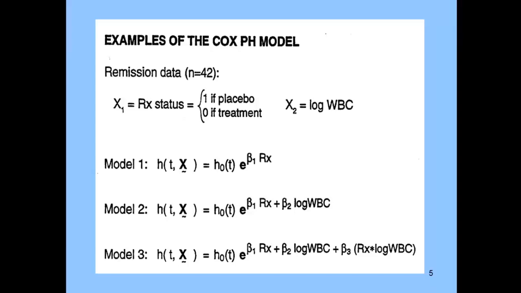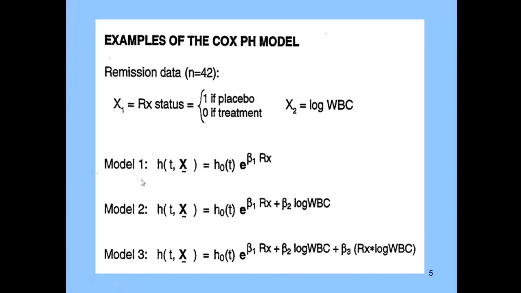The only reason you like that is because it's easy to interpret. It's easier to interpret a 4.6 than a 0.373 or something like that, a hazard ratio less than 1. So that's the reason we often define our exposure variable in a way that gives a hazard ratio that's easier to interpret, even though we could always define it the other way.